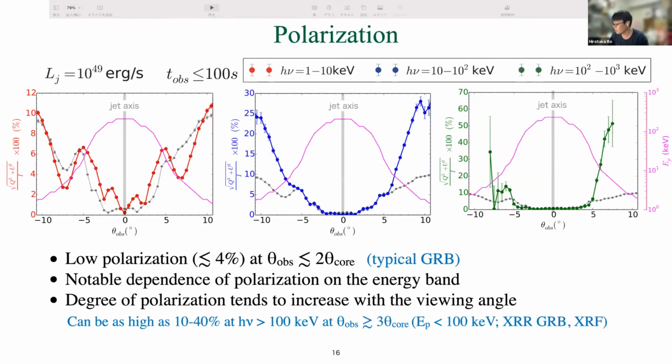Okay, so next, let me mention the polarization signature. In our simulation, we also take into account the change of the polarization state due to scatterings, and these are the results of the degree of polarization as a function of viewing angle at a given energy band.